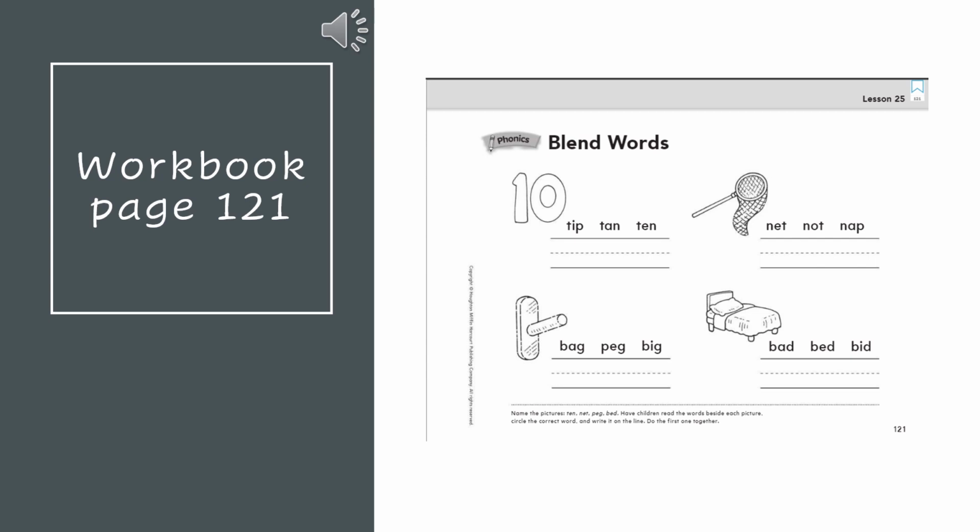Okay, boys and girls, let's move on to our phonics lesson. You should be on workbook page 121. This is blending words, and what we're going to do is look at each picture. We're going to say the name and then choose the word next to it that says the name of the picture. When we're done, we can write the name underneath.